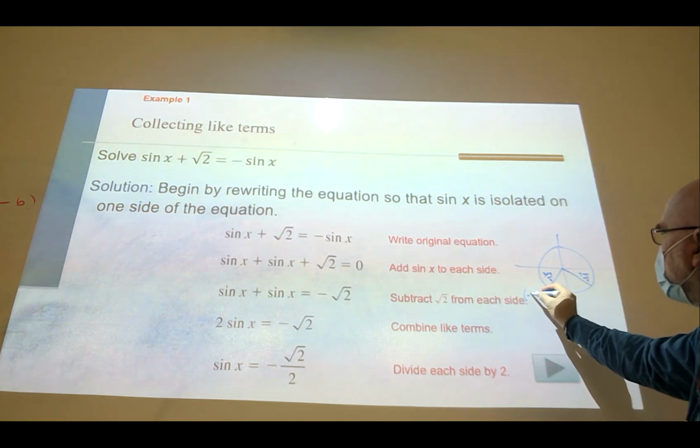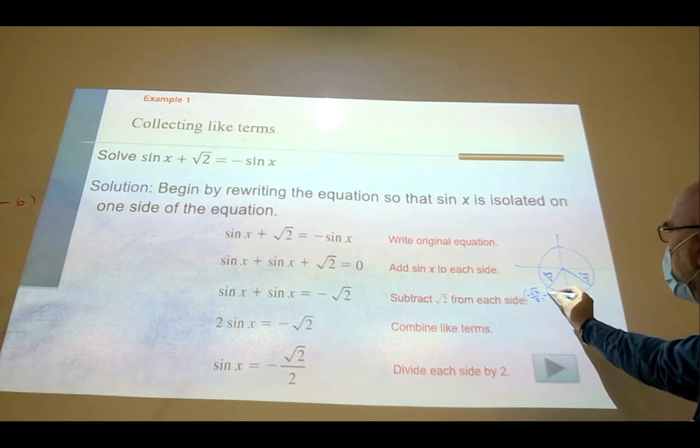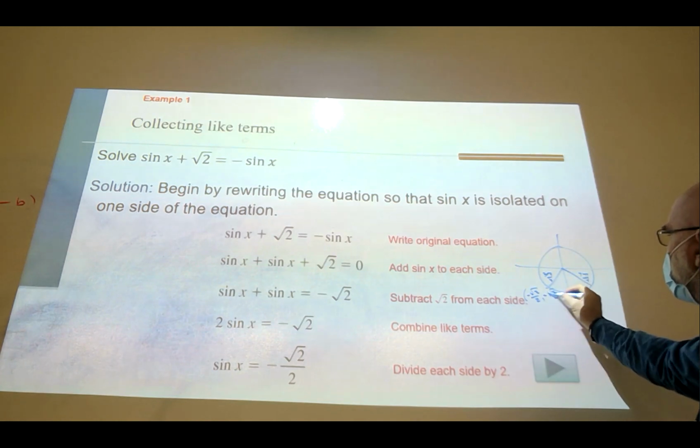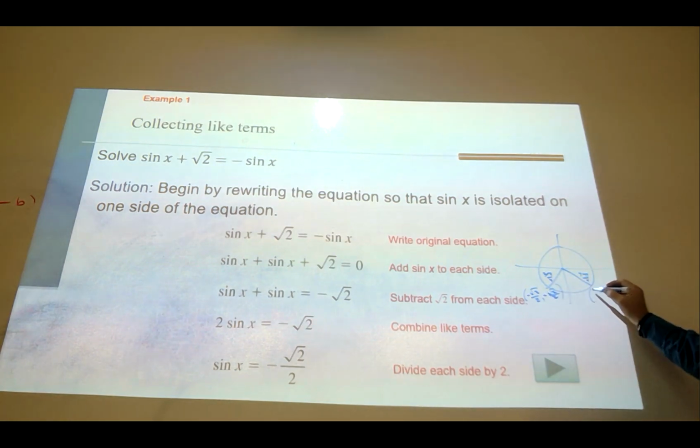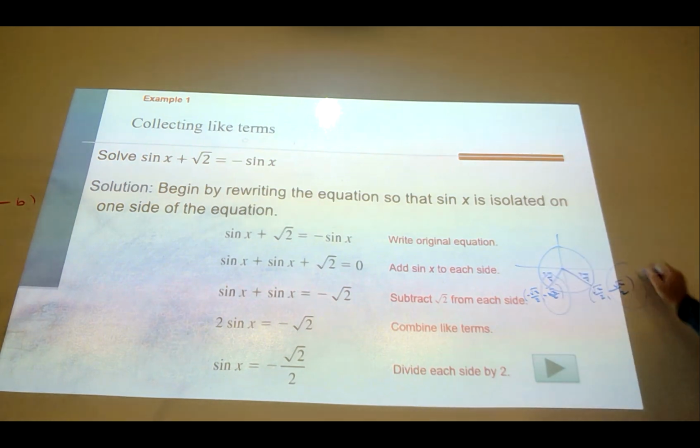I've got negative square root of 2 over 2, negative square root of 2 over 2, and here I've got positive square root of 2 over 2, negative square root of 2 over 2. So my two places where y is equal to negative square root of 2 over 2 are 3 pi over 4 and 7 pi over 4.